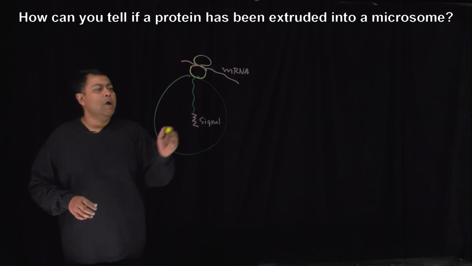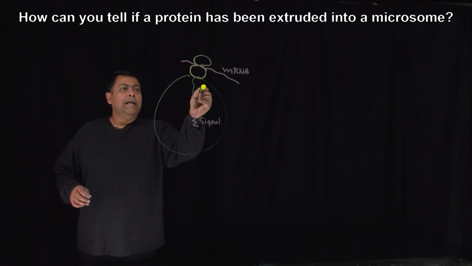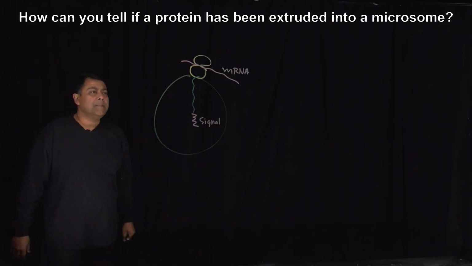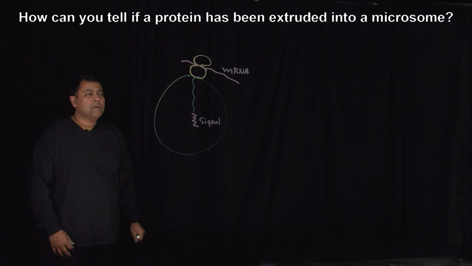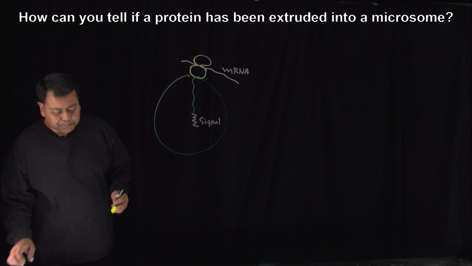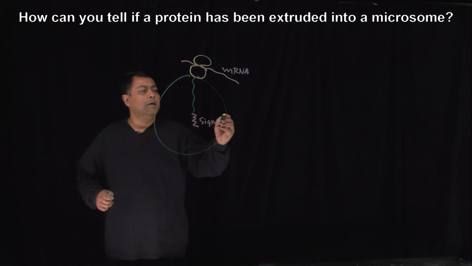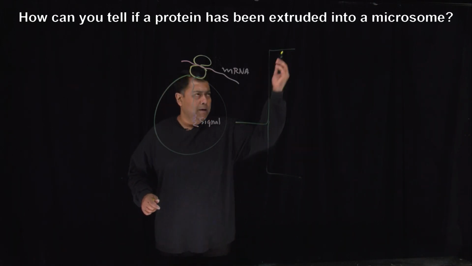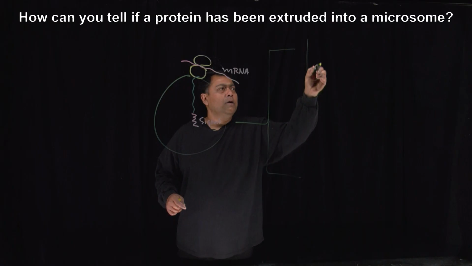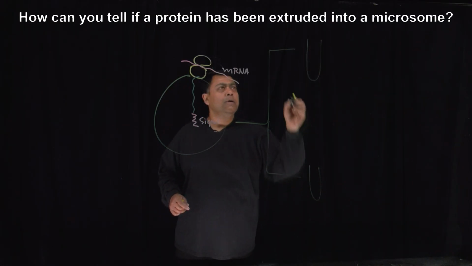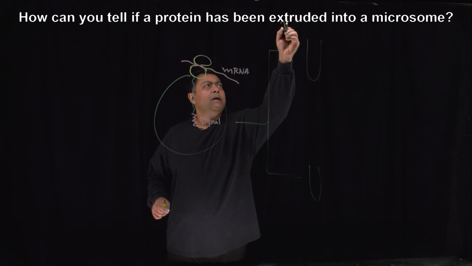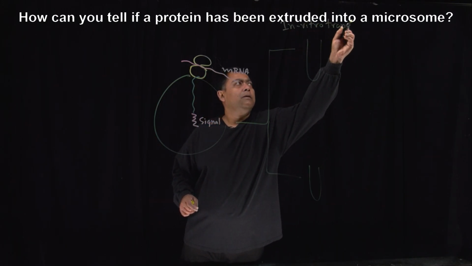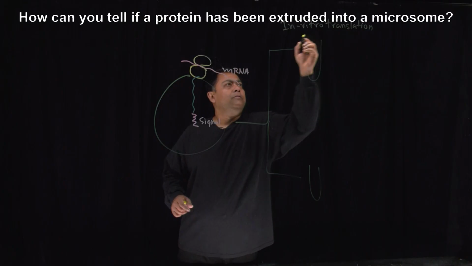So how do we know that this protein is extruded inside the microsome? For this, some elegant experiments can be done. Essentially, you do two sets of experiments, in vitro translation in the test tube. This is in vitro translation reconstitution.